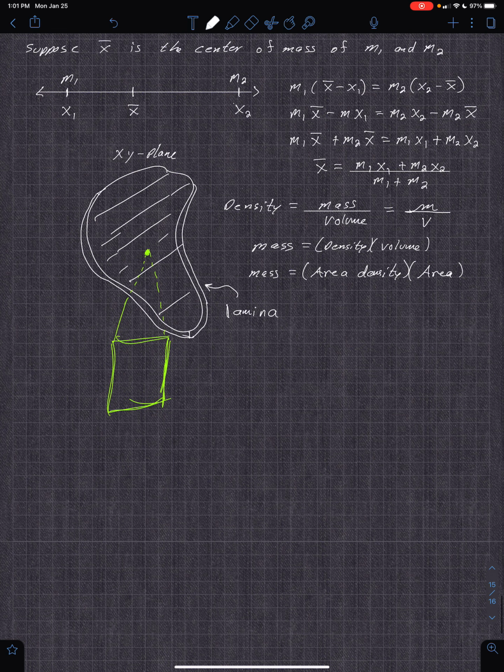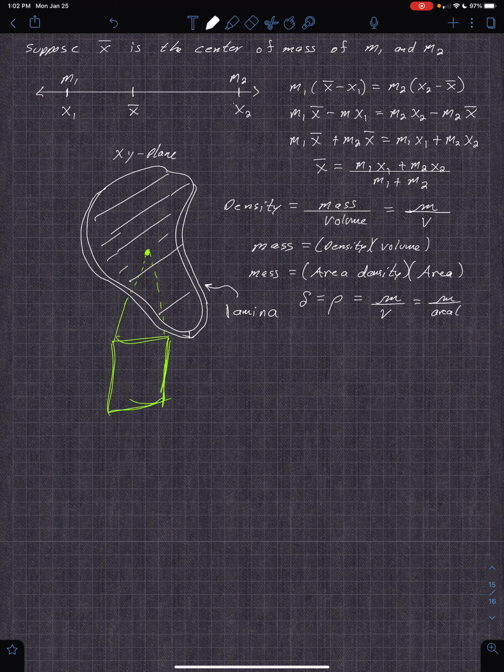The book, I think, uses a delta. I don't like using delta because it confuses us with the epsilon-delta stuff. The other books I've used use rho. So rho is the constant we will use for area density. So rho is equal to mass divided by area.